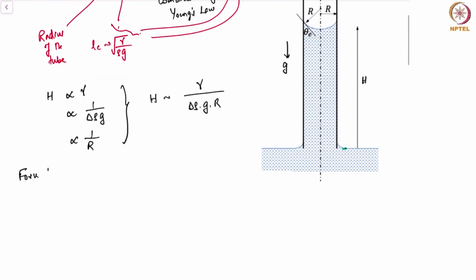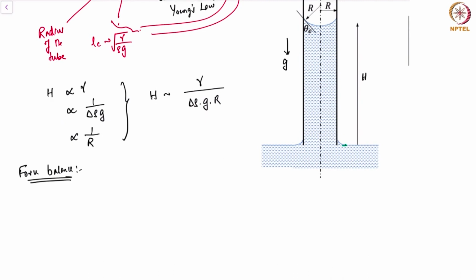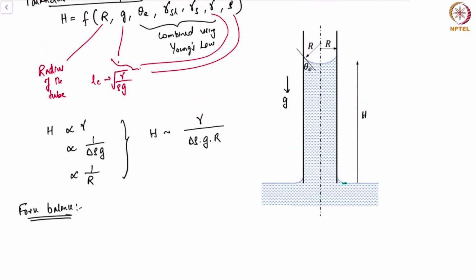Let's do a force balance. The idea of the force balance is we have a contact line here, and we have a surface tension gamma, and the vertical component of the surface tension force would just be gamma cosine of theta e.